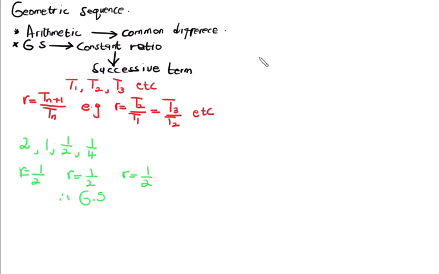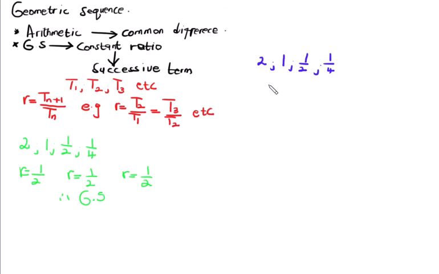I'm just going to write it again. Over here we have 2, 1, 1/2, and 1/4. So how do we move from 2 to 1, and then from 1 to 1/2, and then from 1/2 to 1/4? How do we move between all these terms?